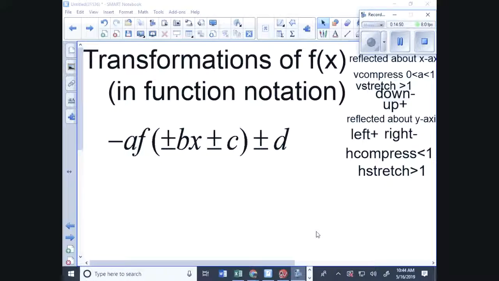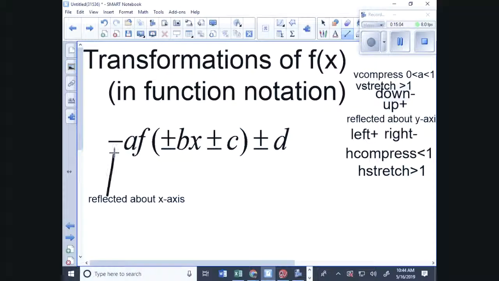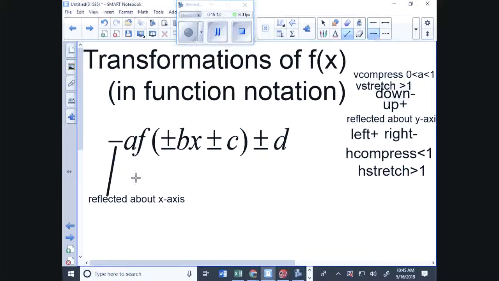So let's review all the translations when you deal with this. We notice that the negative sign here lets us know that we have a reflection. The negative sign by itself lets us know that. So I'll put an arrow right there. Ooh, that doesn't look like an arrow. Let's make it look like an arrow. That's better.